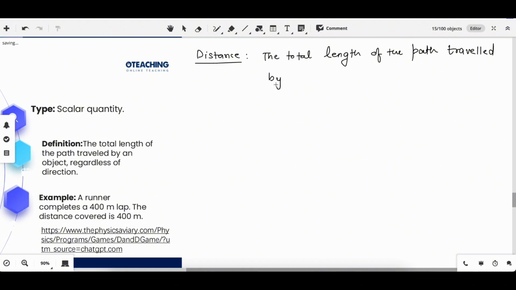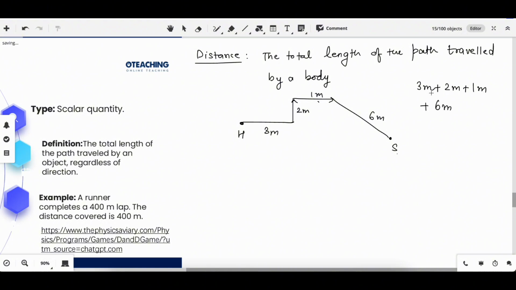For an example, suppose you started from your home, you took 3 meters straight, then you took a turn, moved 2 meters, then 1 meter, then 6 meters, and you reached your school. So what is the total distance traveled? I'll just add up the lengths of the path: 3 meter plus 2 meter plus 1 meter plus 6 meter. So what does it come out to? It is 12 meters. So that is the magnitude of the distance, and distance, we have already learned, is a scalar quantity.